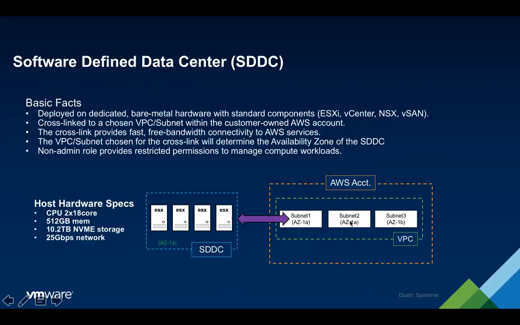The consideration to keep in mind is that if, for example, you have a bunch of EC2 resources in subnet 2 and subnet 3, but the SDDC really mostly needs to talk to stuff within subnet 2, you want to make sure that subnet 1 is set up to be in that same AZ so that you don't incur the bandwidth charges.